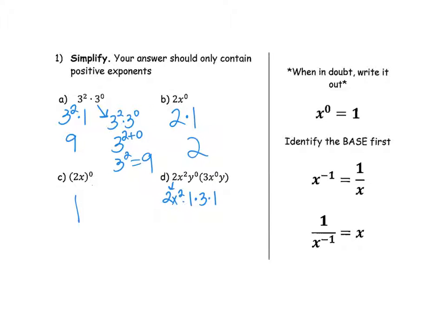Y becomes Y. Now go through and combine all the numbers, and then combine, well, there's only one X and there's only another Y. So what is 2 times 1 times 3 times 1? 6. X squared is alone. Leave it alone. X squared. Y is just there by itself. Just leave it Y.